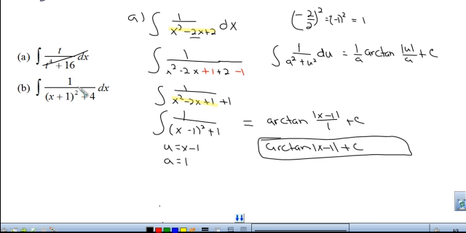For b, notice that it's very similar to our a, so this is also arctangent. u is going to be x plus 1, and a is going to be 4. So my integral is going to be 1 over 2 arctangent of x plus 1 over 2.